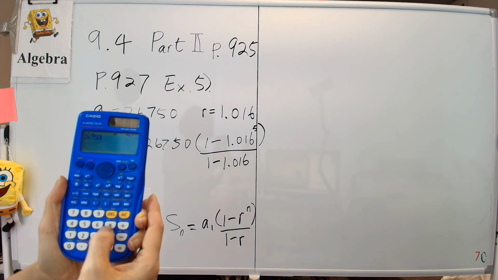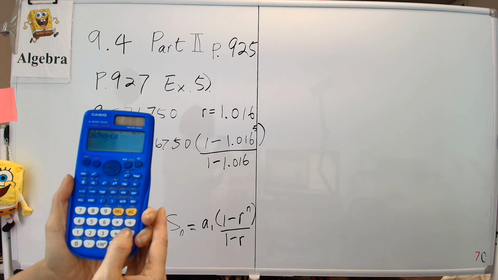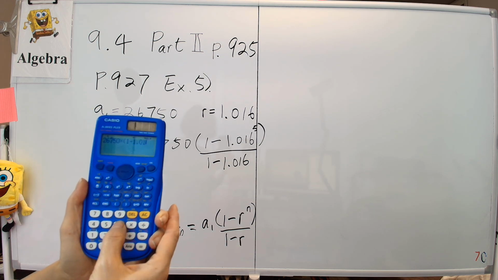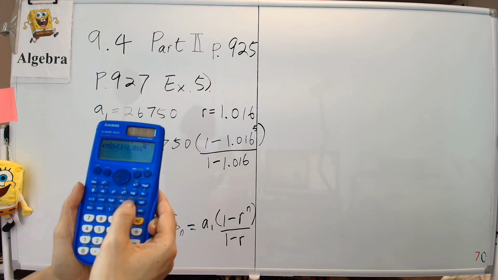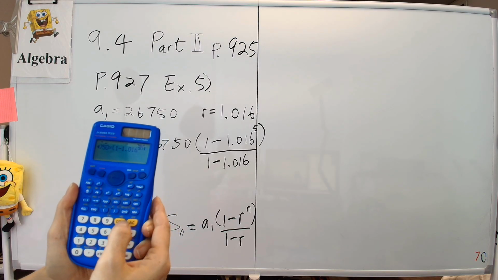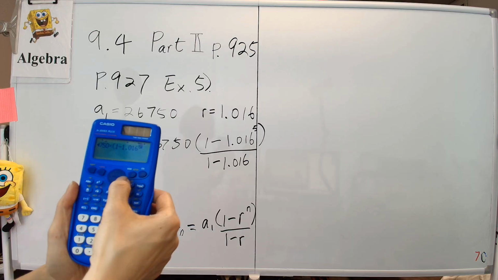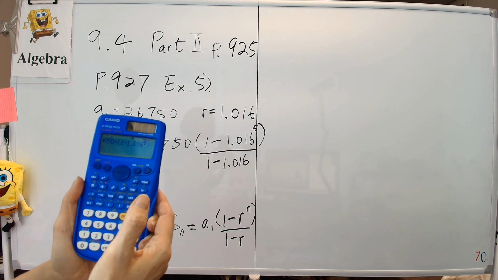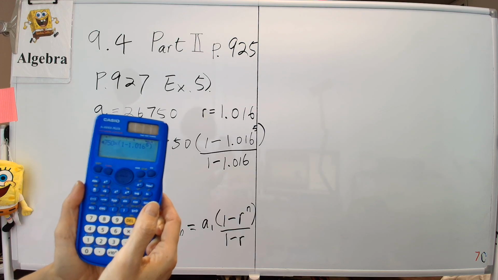Anyway, the point is, let's type this in. 26750 times 1 minus 1.016 raised to the power 5, close parentheses. Nope, wrong. Go back. You need to get out of the power first, and then close parentheses. That looks all right.